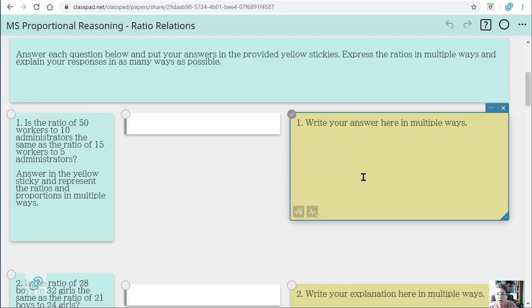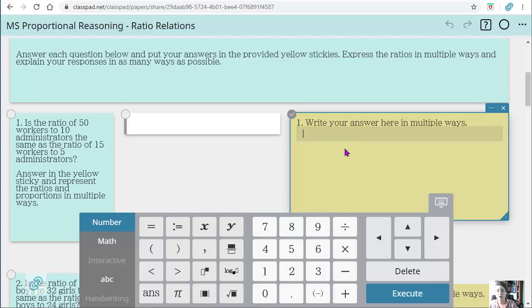And the nice thing is they can write their answers in the text sticky several ways. We're asking them to describe. So maybe they think, okay, well, if I have 10 administrators and I have 50 workers, right, then I should have, so we can just write then 5 admins is half, so half the workers is 25.